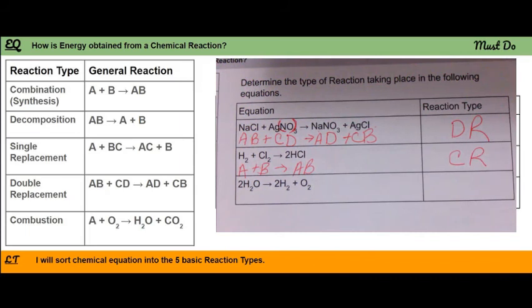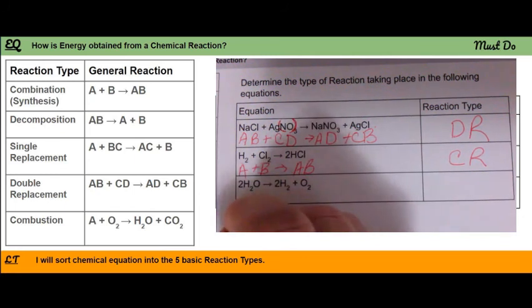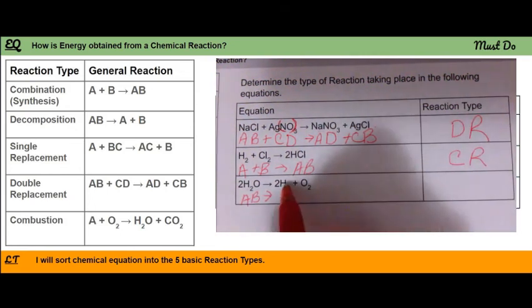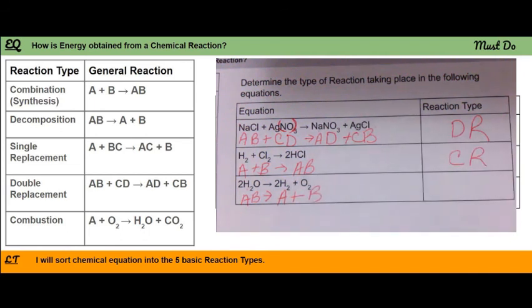The third one, I have hydrogen and oxygen that are bonded together. So hydrogen is A and oxygen is B. And that's going to split apart and become hydrogen by itself, A, plus oxygen by itself, B.